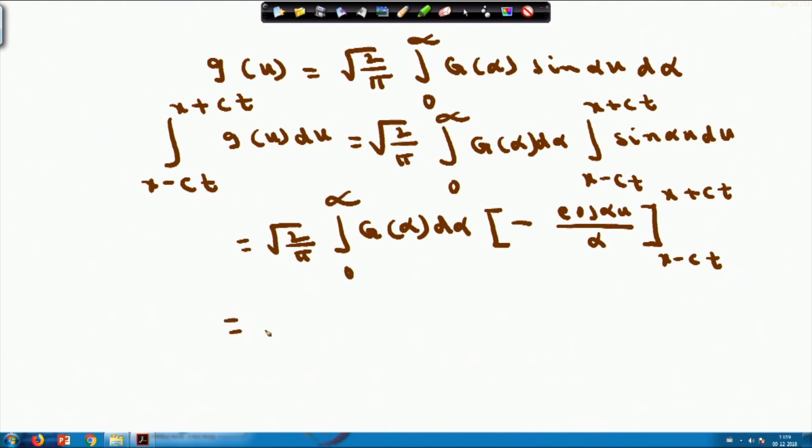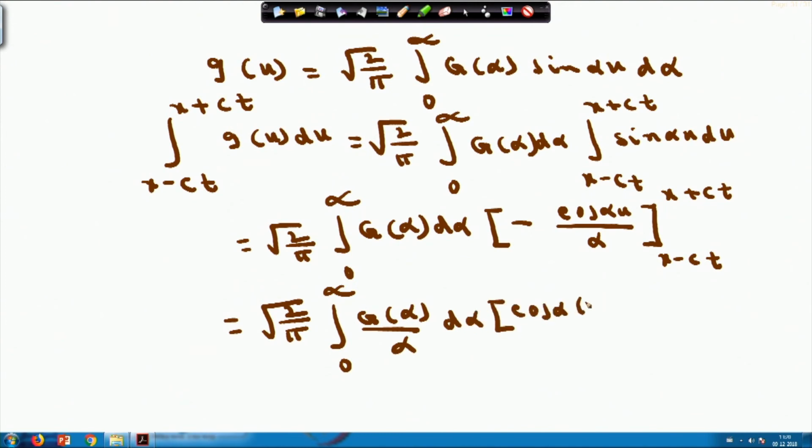If you substitute it, you will obtain root over 2 by pi, integral from 0 to infinity, G alpha by alpha d alpha into cos of alpha into x minus c t, minus cos of alpha into x plus c t. So this is your case that g(u) integrated from x minus c t to x plus c t gives this.